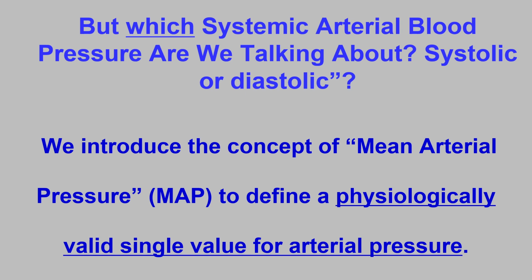So when we discuss regulation, which blood pressure are we talking about? In order to be able to have a unified value for the blood pressure that is physiologically valid, we introduced the concept of the mean arterial pressure. And this we do to define a physiologically valid single value for the arterial pressure.